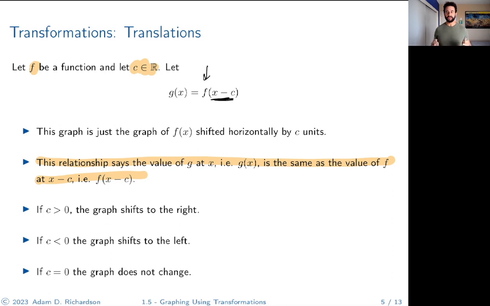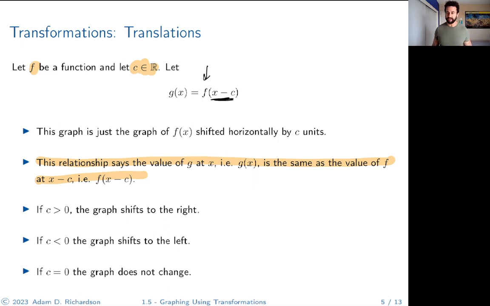That's why this results in a horizontal shift. Usually we plot inputs on the x-axis, the horizontal axis, and outputs on the vertical axis. So if we change the input before we apply the function, you're basically shifting along the x-axis.